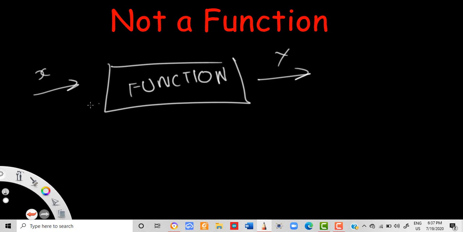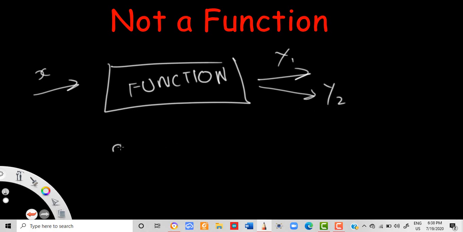Normally mathematical functions will take x input, any input, and will give one and only one output value for x, which we call y. There are cases where instead of getting one y, you can get two outputs, so say like y1 and y2. So what could that be?